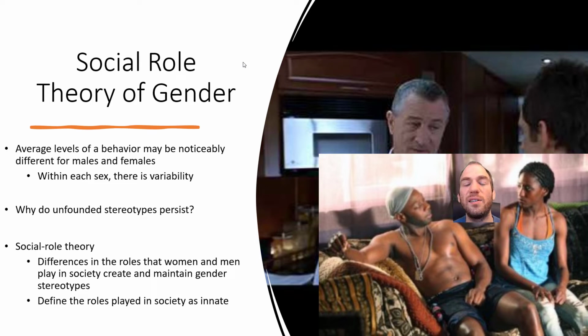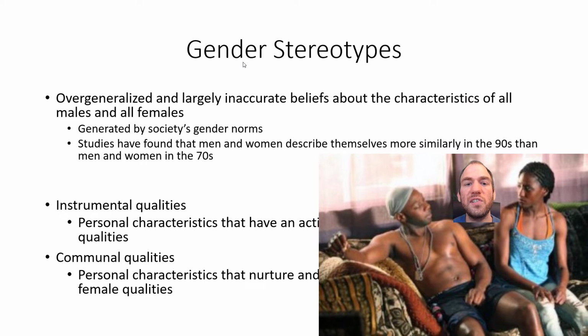And as stated, I'll probably say it in every chapter, there's variation within every group, and in this case genders, with a wide degree of variability within males and females in their developmental outcomes, career paths and life trajectories. Continuing on with gender stereotypes, they can be defined as overgeneralized and largely inaccurate beliefs about the characteristics of all males and females.